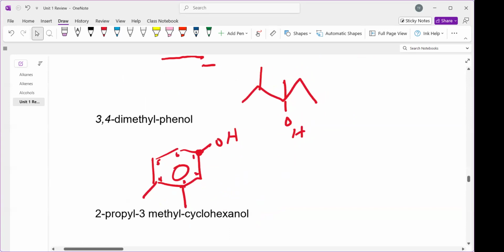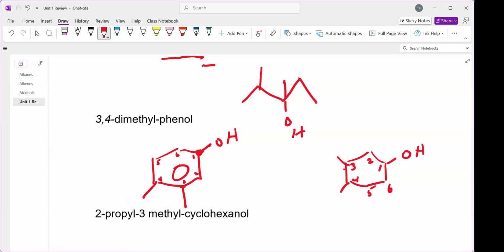Now, as an alternate, we could number the other way. So we have 3, 4. Same structure. It wouldn't matter which way you went. Okay. Cyclohexanol.